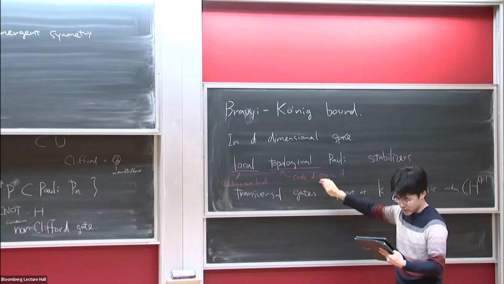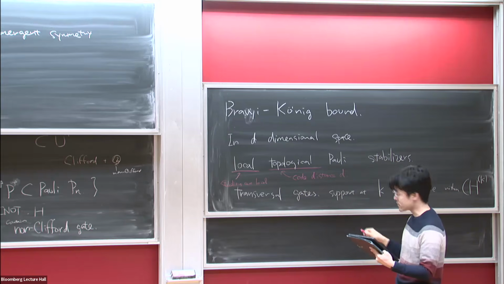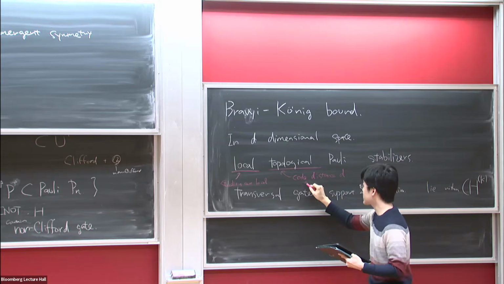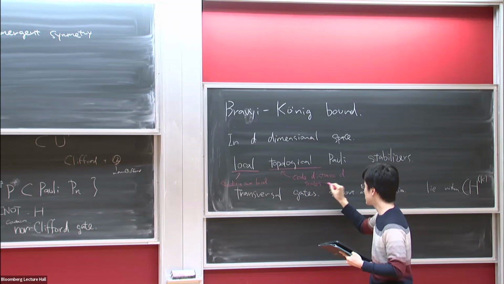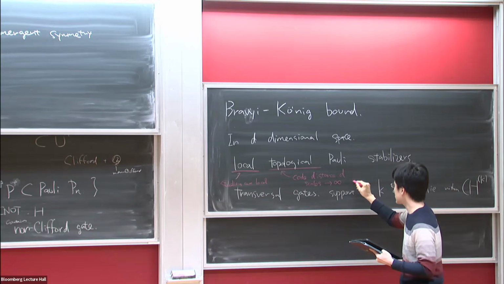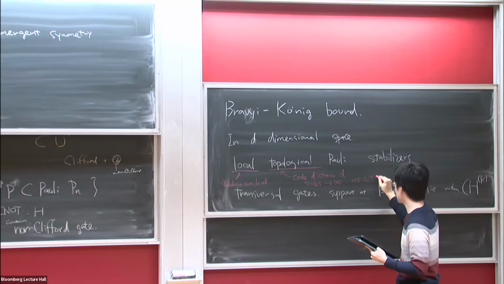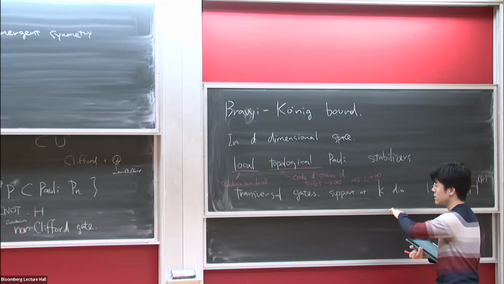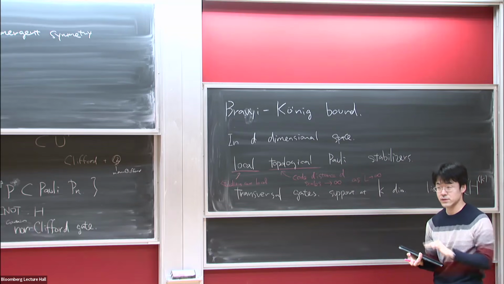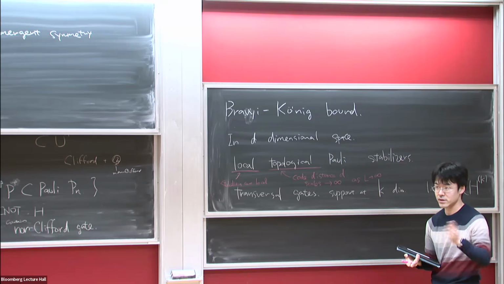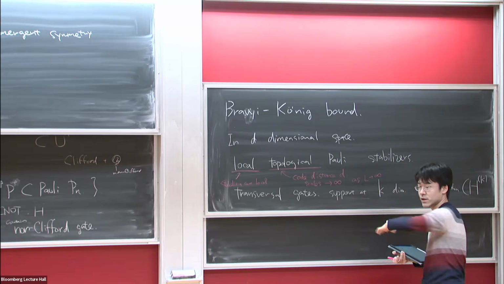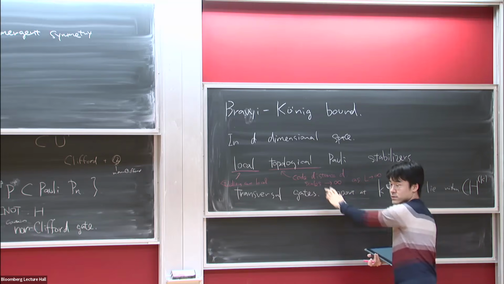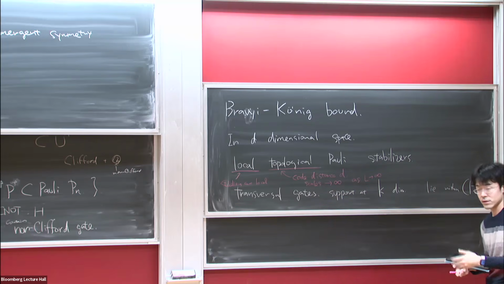And this topologicalness claims that this co-distance scales to infinity as you take the system size large. The system size is the linear size of the Euclidean space. This topological condition states that there is some family of codes where you can scale the system size, and as you take the system size to be large, the co-distance also goes to infinity.